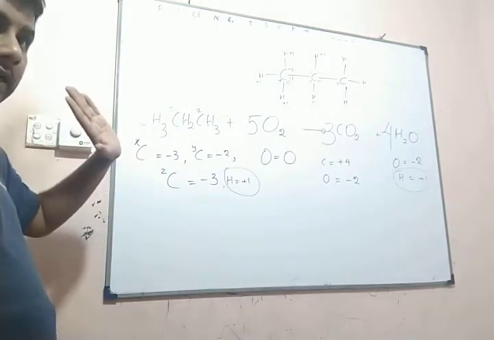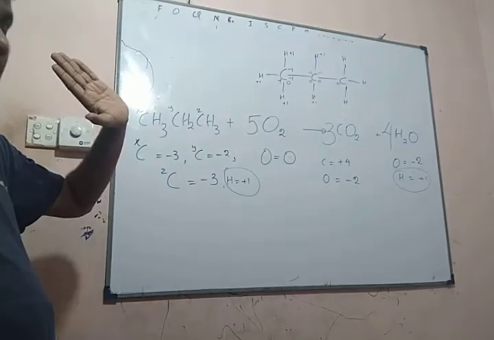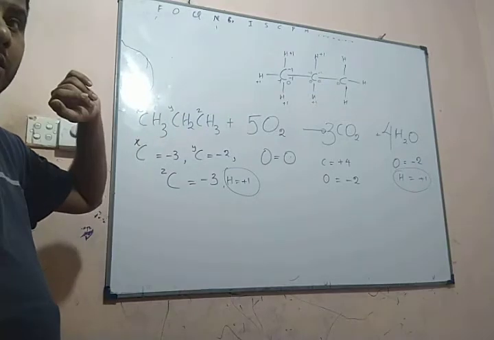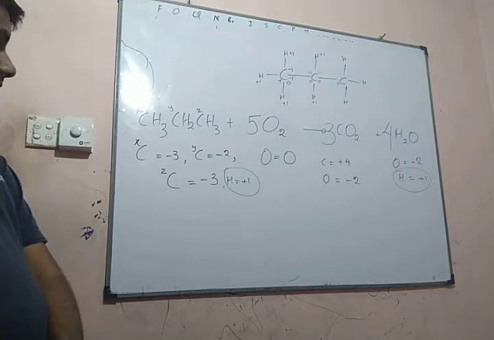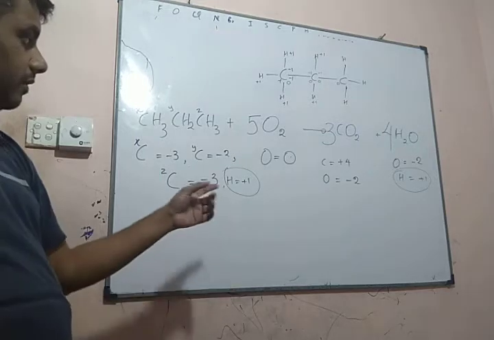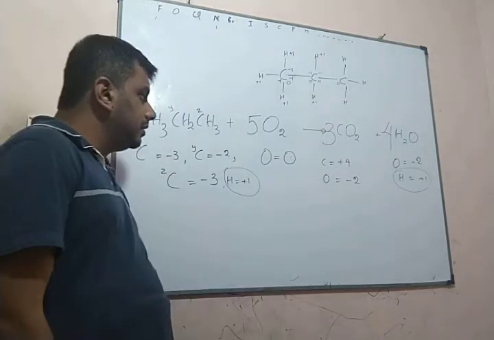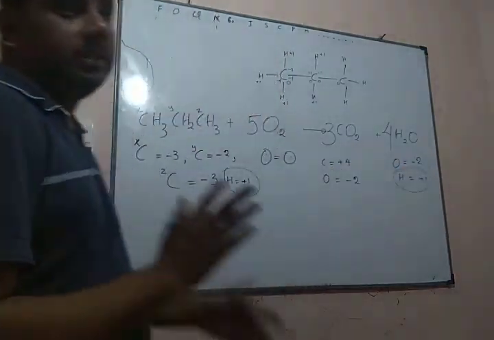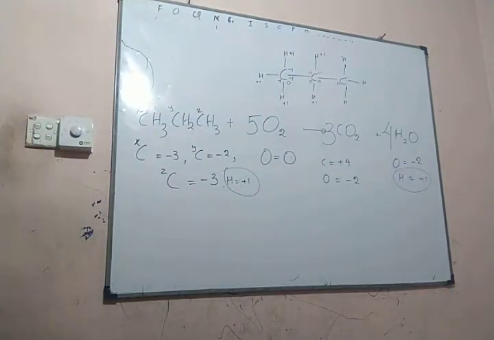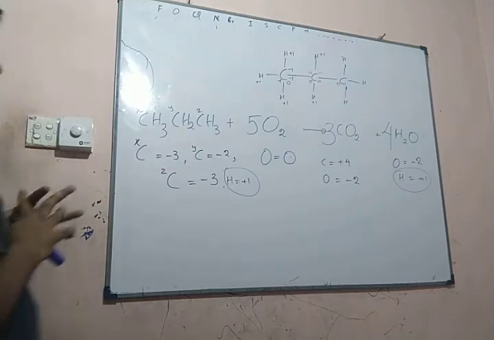So carbon undoubtedly underwent what? Oxidation. Right? Okay. What about oxygen? 0. Here oxygen 0. Here -2, -2. So oxygen definitely underwent what? Reduction.